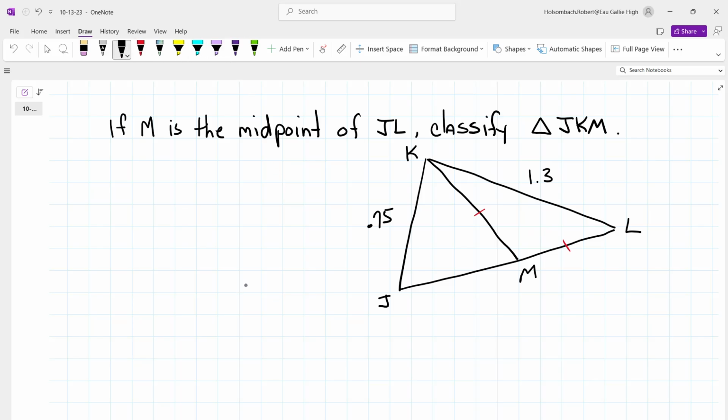What else we got going on here? All of this is 1.5, and M is the midpoint. So if M is the midpoint, isn't M to L the same distance as M to J? And wouldn't that be half of 1.5? Half of 1.5 is 0.75 and 0.75. Now, see the tick marks?